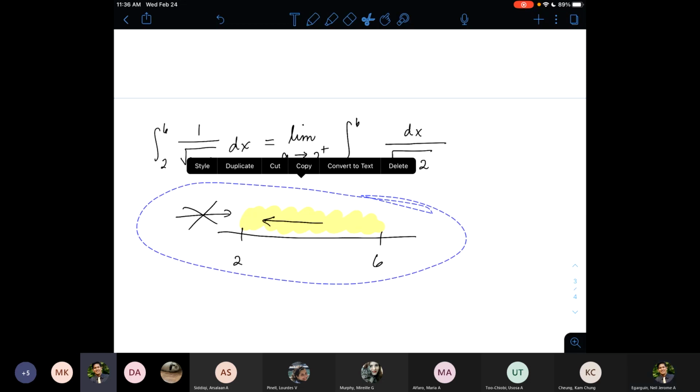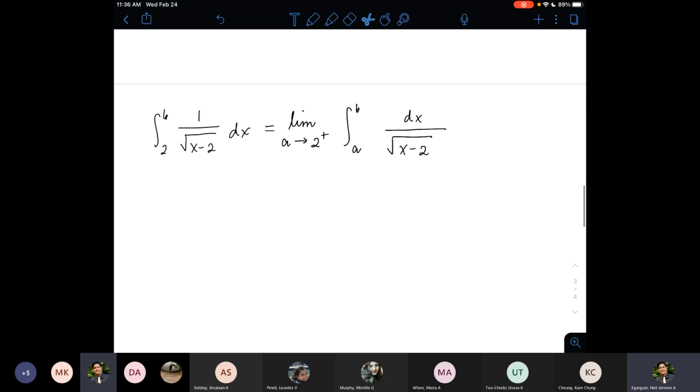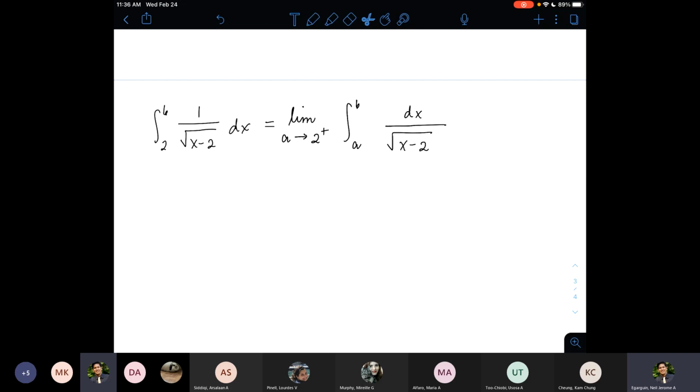So that's what we have here. And now let's evaluate the integral. Because the lower bound is a, it's not equal to 2 anymore, but it is a number very, very close to 2 from the right. So we can perform integration and apply the fundamental theorem of calculus here.